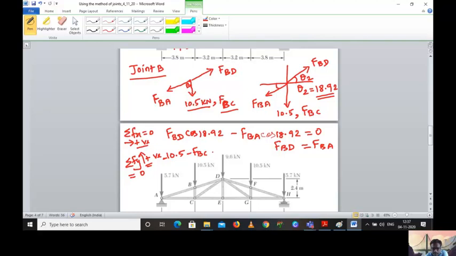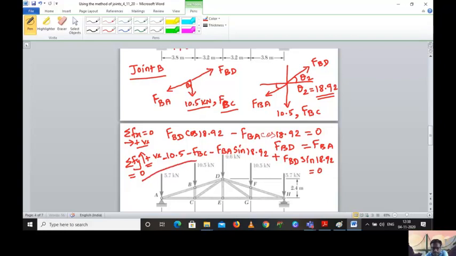Then minus FBA sine 18.92, and then you can write one more force, plus FBD sine 18.92, is equal to 0.